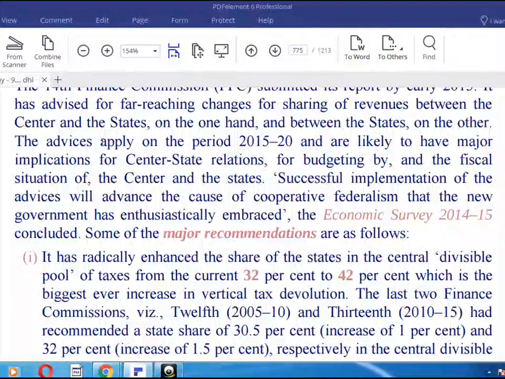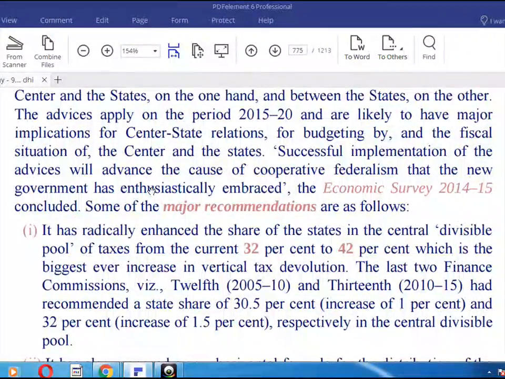The advices apply to the period 2015 to 2020 and are likely to have major implications for center-state relations, for budgeting, and for the fiscal situation of the center and the states.